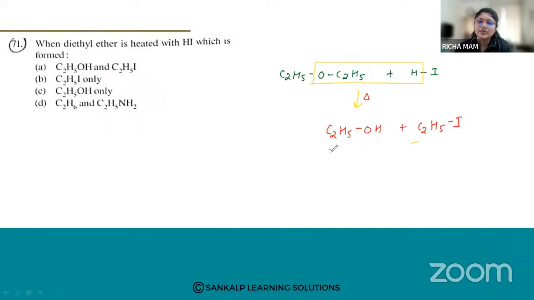So this is ethyl alcohol or ethanol, and this is ethyl iodide. So which is the answer? It is option number A. Yes, Tasmiya, Vedvati, Bhuvan, Navyashri, Madan, Mahek. Option number A is the correct answer. So let us move on to the next question.